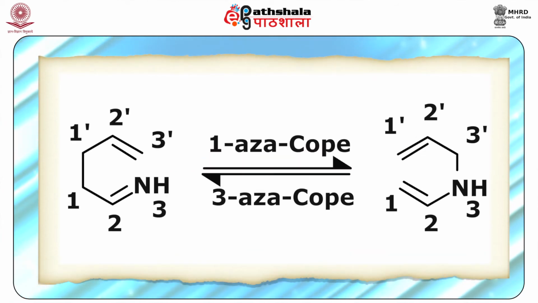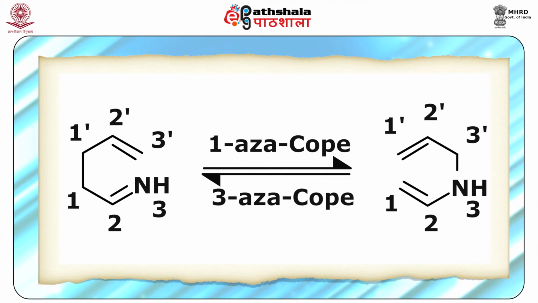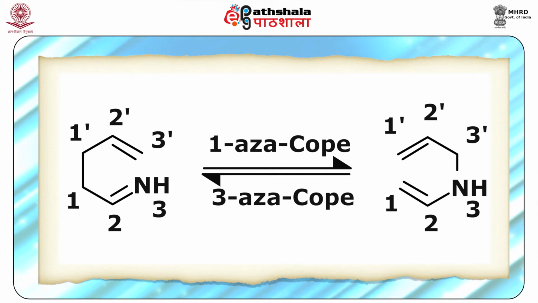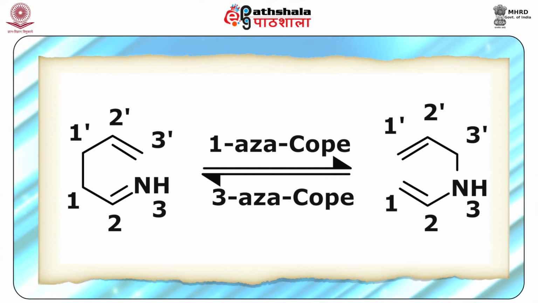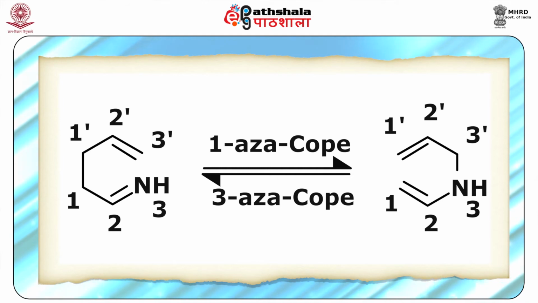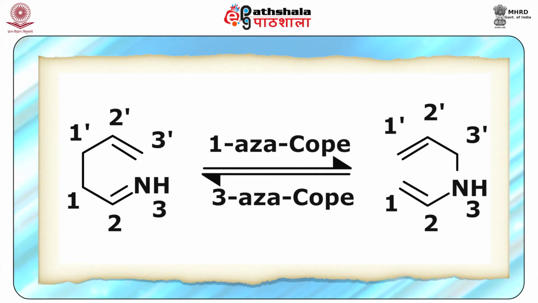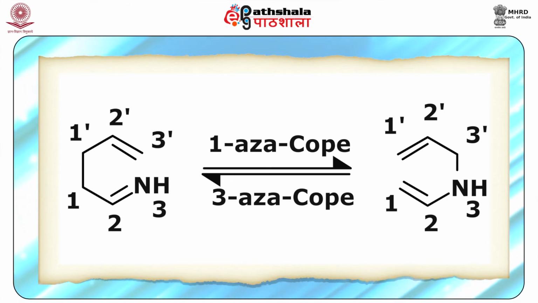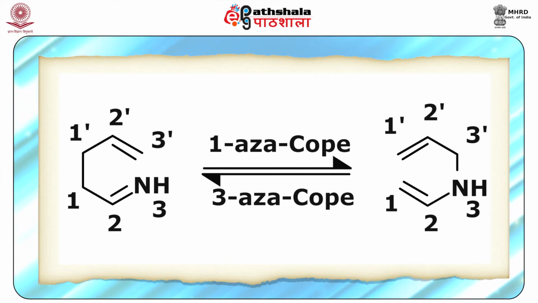Similar to the Cope rearrangement, the aza-Cope rearrangements are also 3,3 sigmatropic shifts that are essentially heteroatom versions of the Cope rearrangement, where the rearrangement shifts single and double bonds between two allylic components.